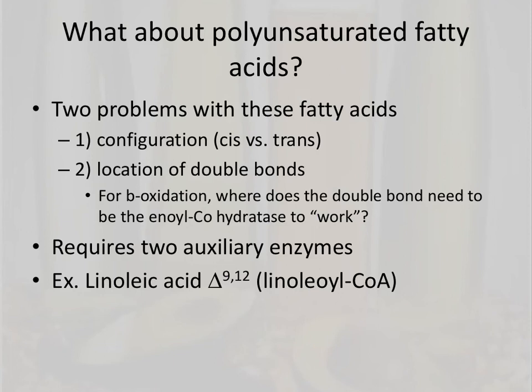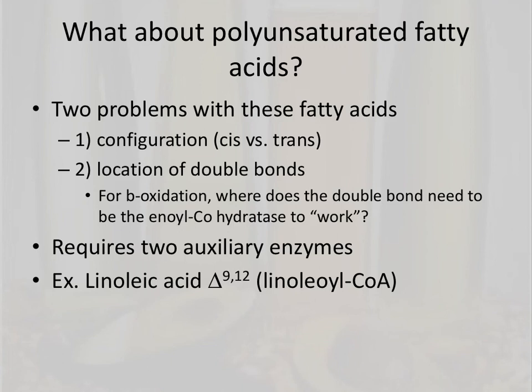All right, so right now, I'm just going to talk a little bit about polyunsaturated fatty acids before we talk about the quiz. I haven't forgotten about the quiz. So these are the PUFAs, polyunsaturated fatty acids. There are two problems with this.